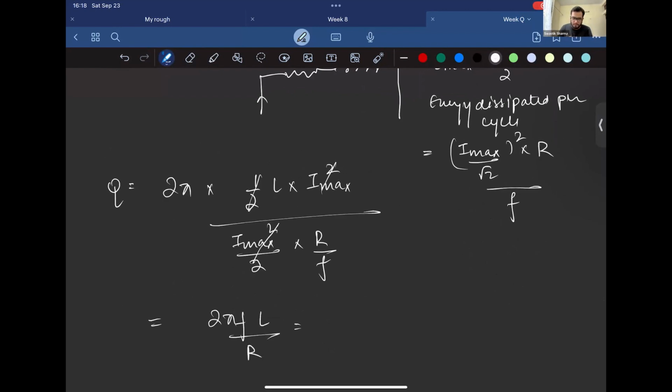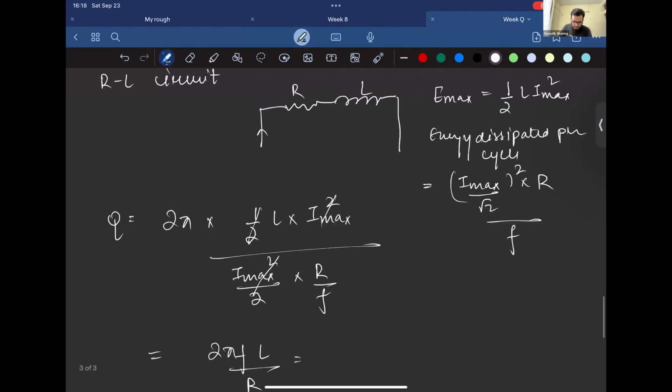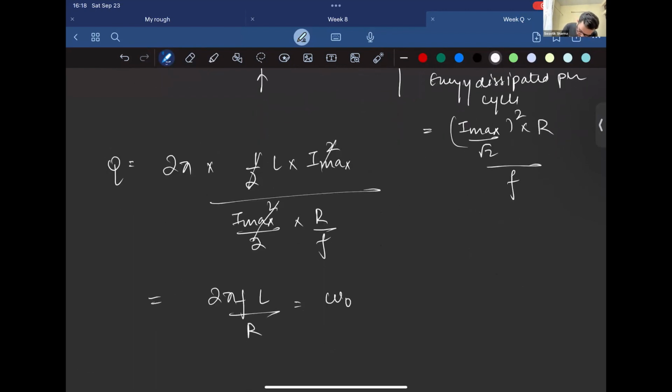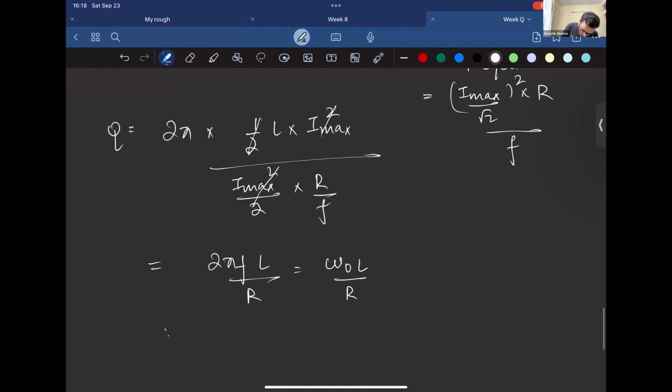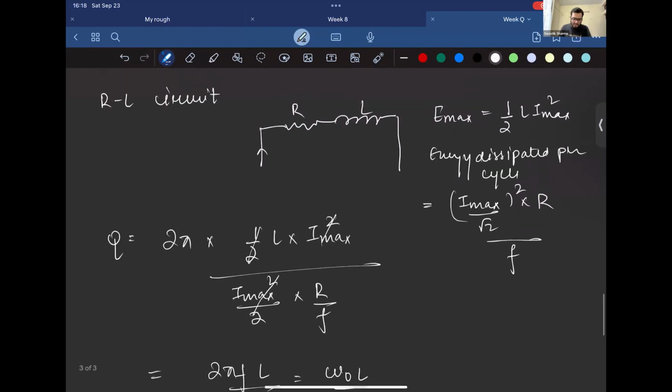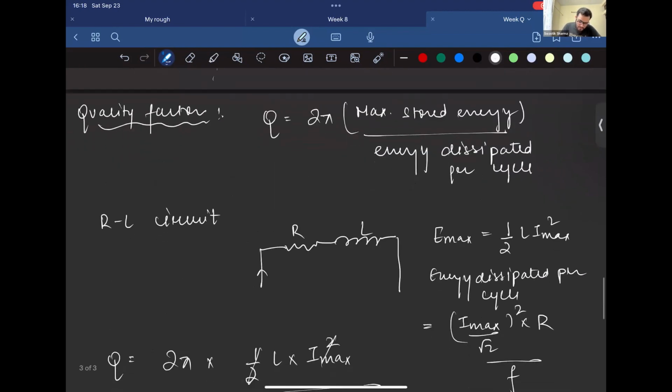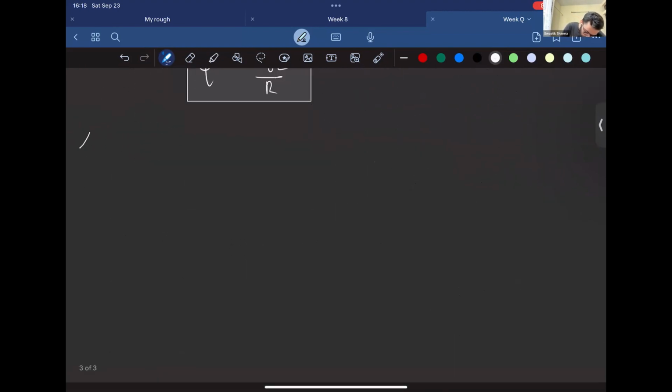It's nothing but omega naught. So quality factor is omega naught L by R. Therefore, Q is omega naught L by R for a series RL circuit. Similarly, for a series RC circuit, let's calculate.